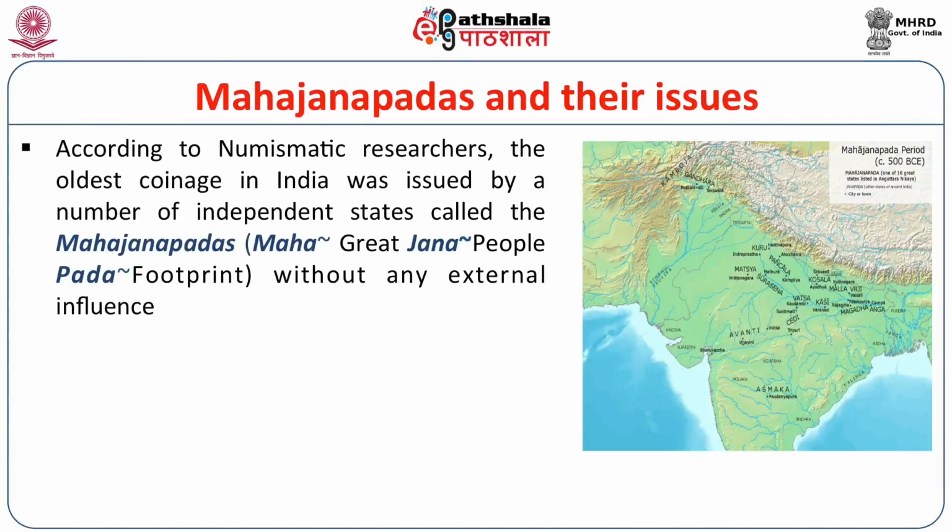So who were the first people to issue these coins? They were the early Iron Age kingdoms termed the Mahajanapadas. These have been mapped according to old texts; both Buddhist texts as well as the Mahabharata and other epics have been used, but largely a text of the Buddhist period has been used, which refers to 16 Mahajanapadas.